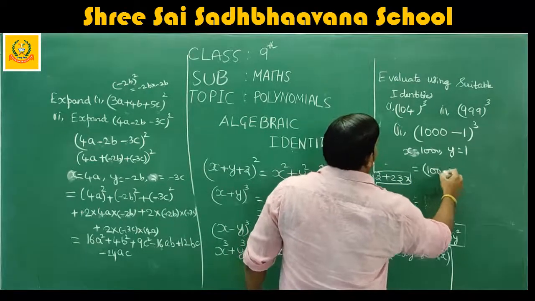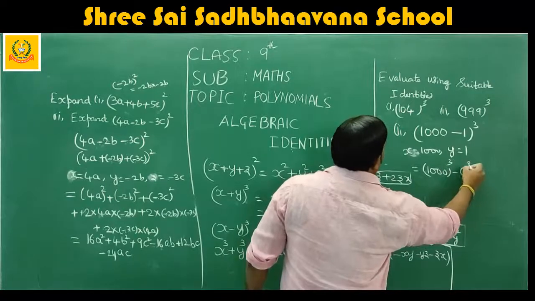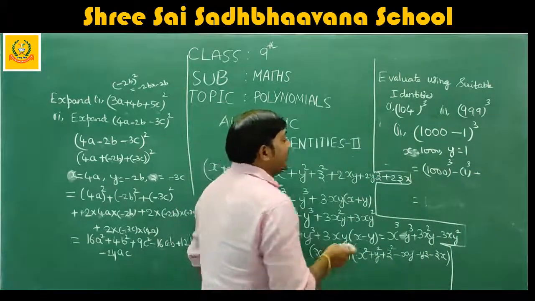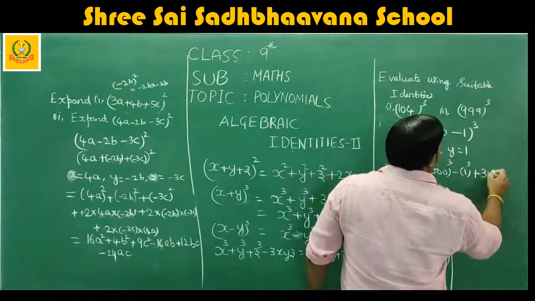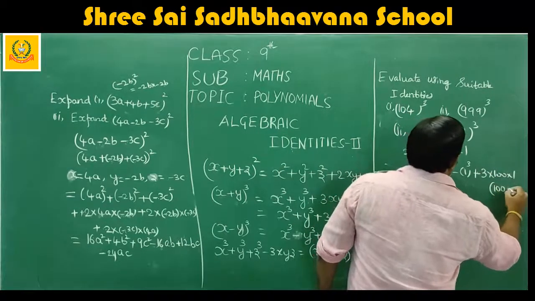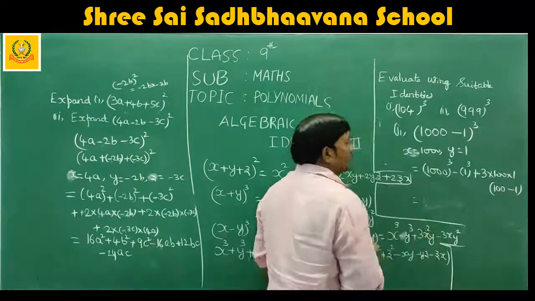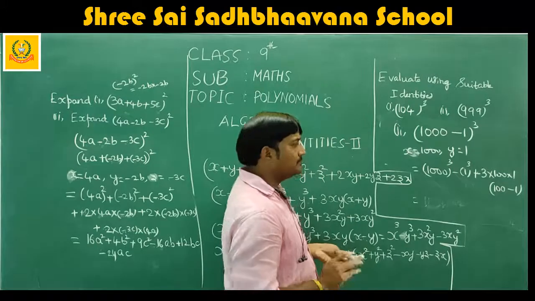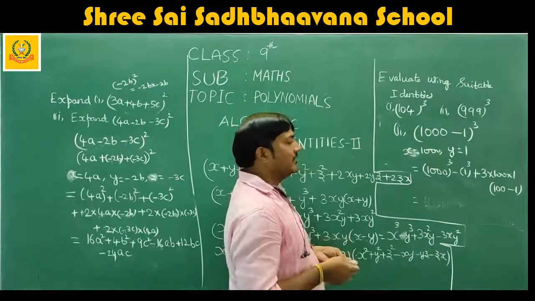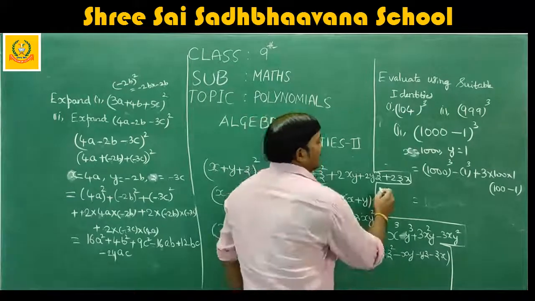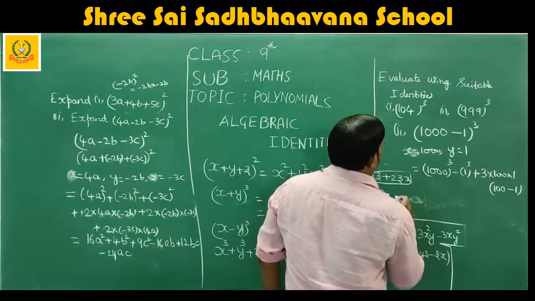So 1000 cube minus y cube, plus 3xy into x minus y. I did only the substitution for that, correct? X cube minus y cube plus 3xy into x minus y. So what is your 1000 cube?